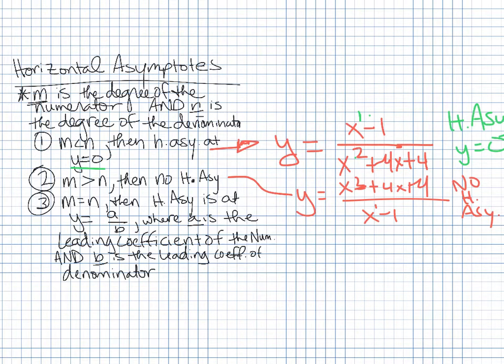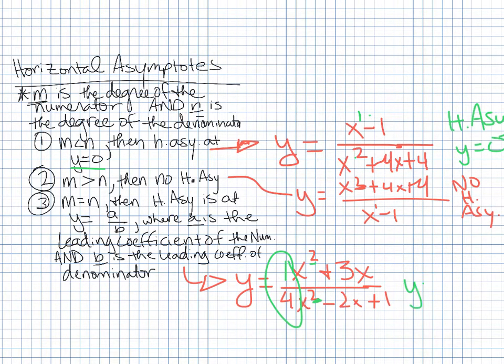And our final scenario, when we compare these exponents, they're the same. So the leading coefficients are 1 and 4. So the horizontal asymptote is going to be 1/4.